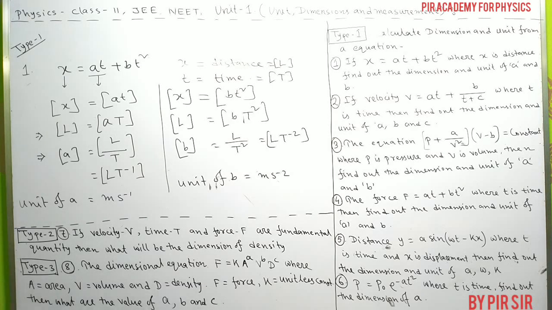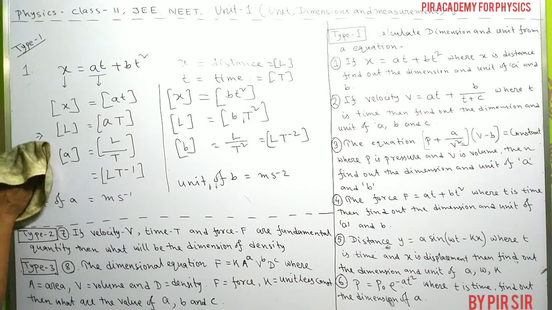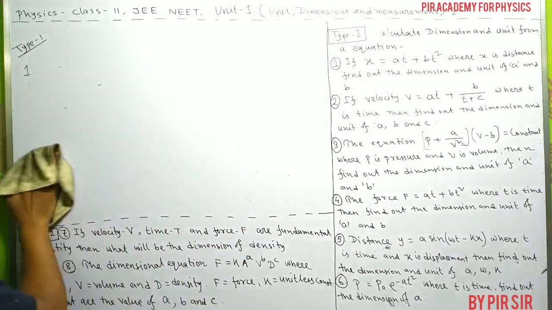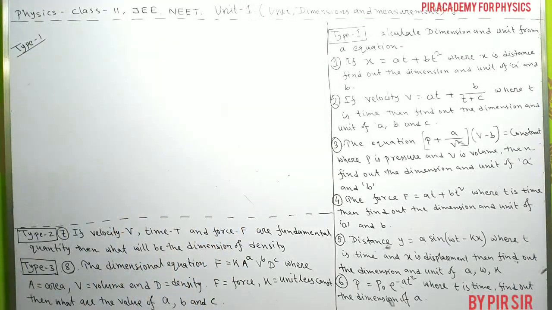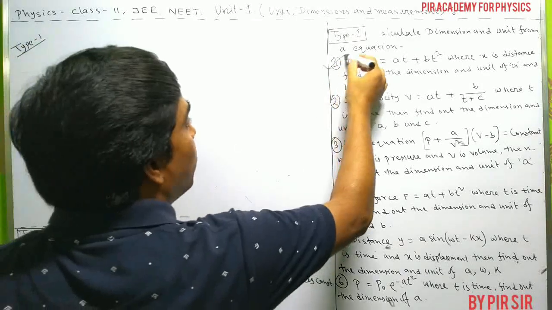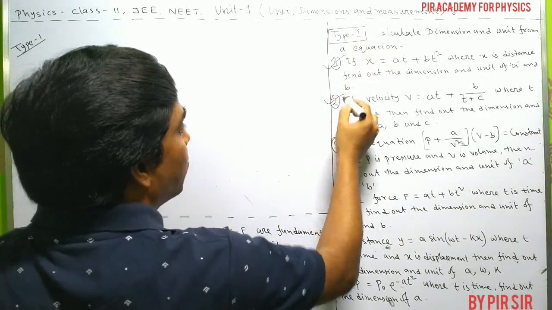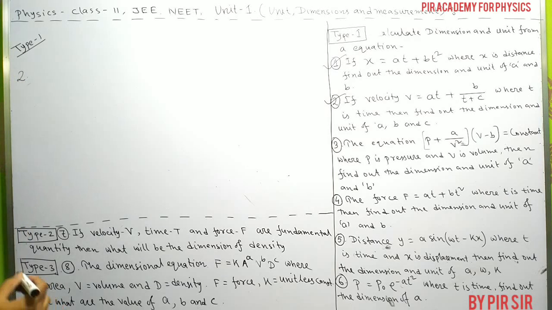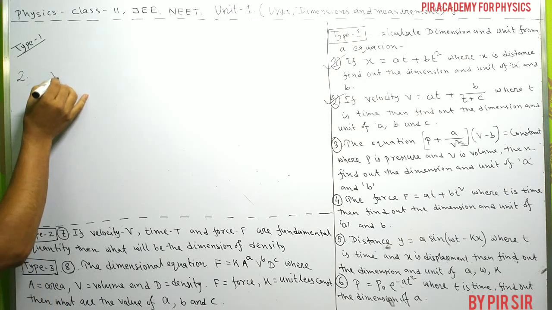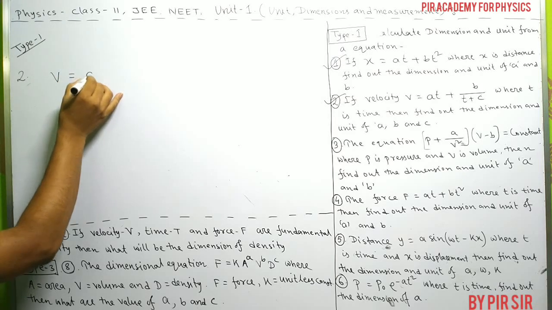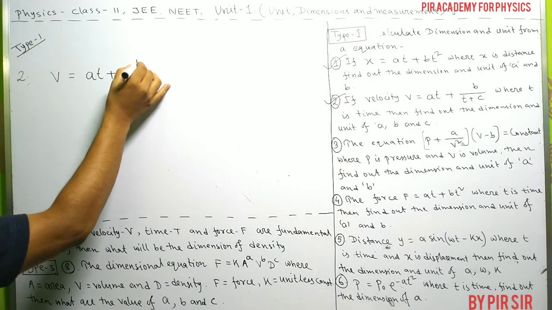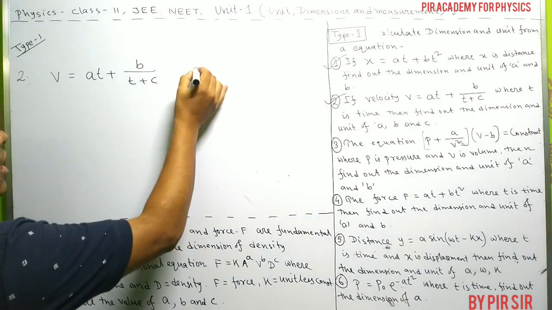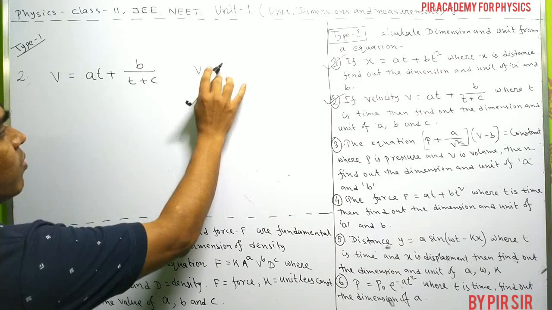Then the second problem, type 2. It is given that velocity v equals at plus b by t plus c, where v is velocity.